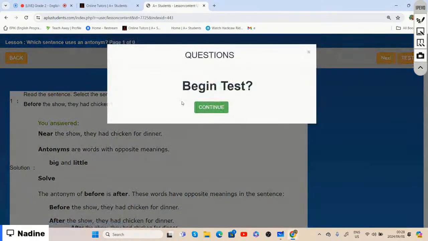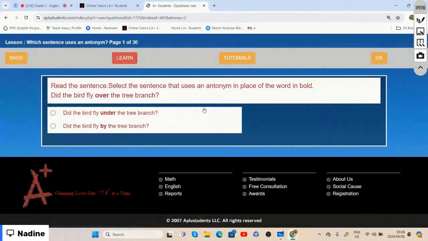All right, so we're going to our test where we are going to say which sentence uses an antonym. It says, did the bird fly over the tree branch? So over, what is the opposite of over? Is it under, which is option one, or by, which is option two?